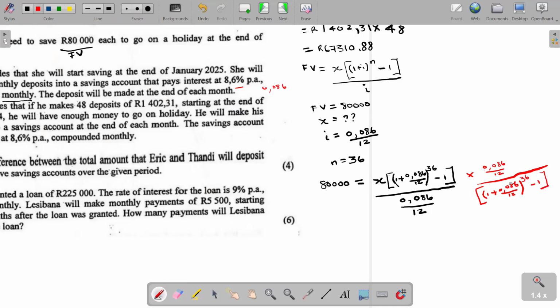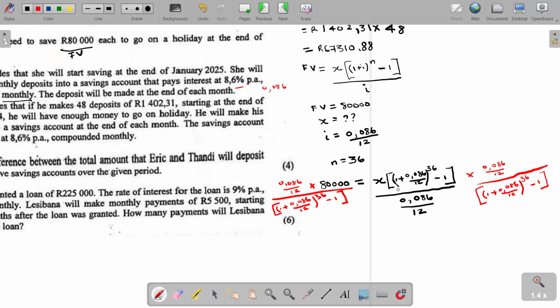What we do on the right-hand side, we do on the left-hand side, so this value is also going to be multiplied by 0.086 over 12 divided by 1 plus 0.086 over 12 to the power 36 minus 1.